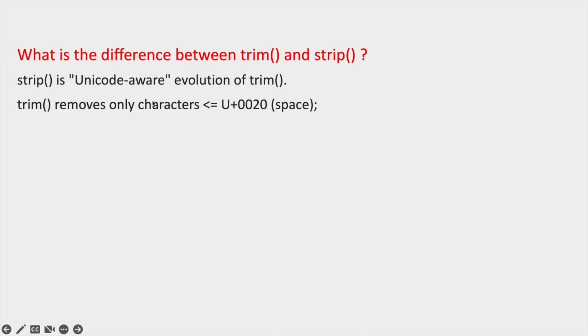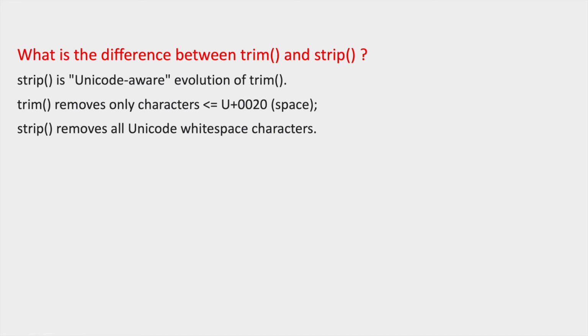That means the trim method removes only characters less than or equal to U+0020 space, and the strip method removes all Unicode white space characters also. That means the trim method is not able to remove some white spaces. It cannot identify Unicode-related white spaces. So the strip method removes that kind of white spaces also.